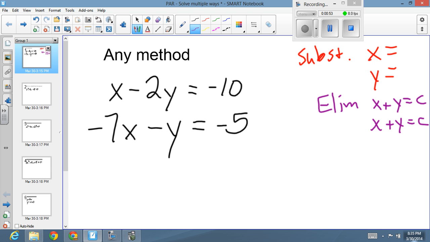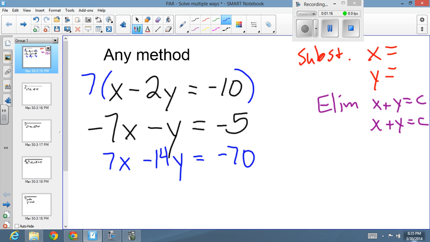In this case, it's not perfectly set up for that to happen, but if I multiply through one or the other equation, I can make it happen. Okay? For instance, if I just take this first equation, I multiply everything by 7, I'm left with 7x minus 14y equals negative 70. Okay? That's if I multiply that first equation by 7.